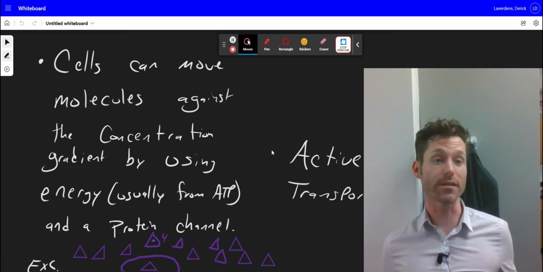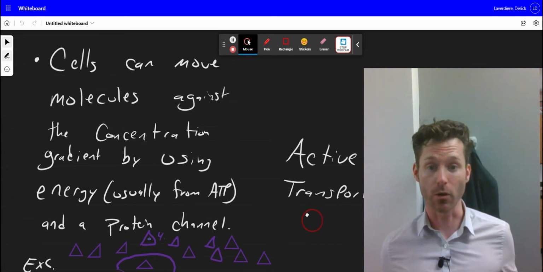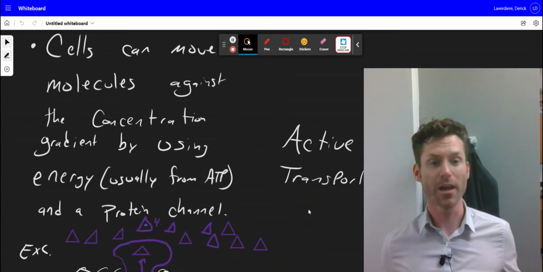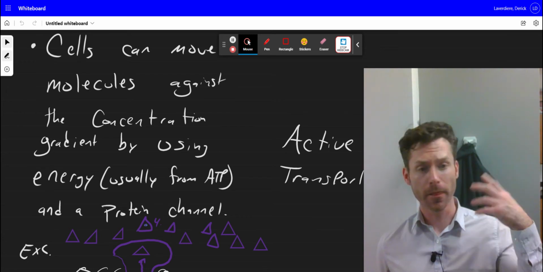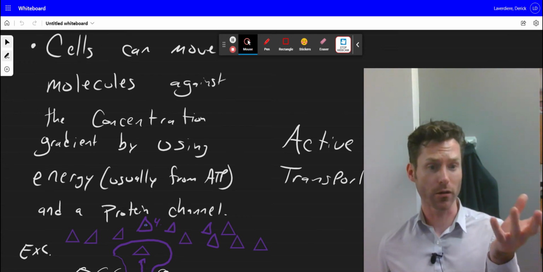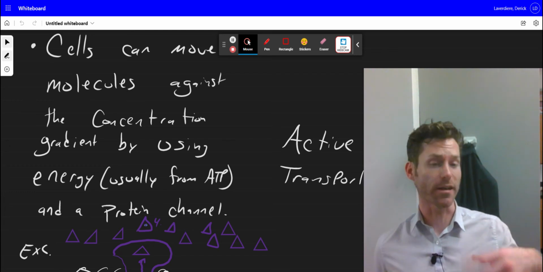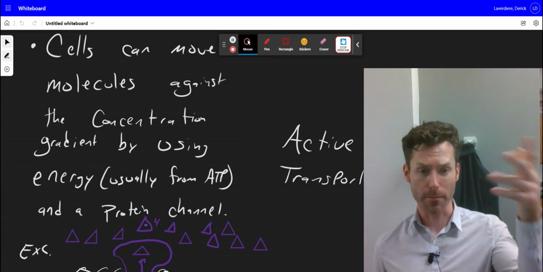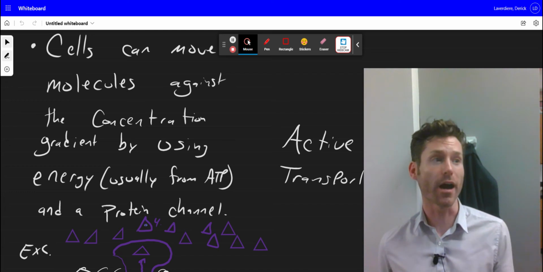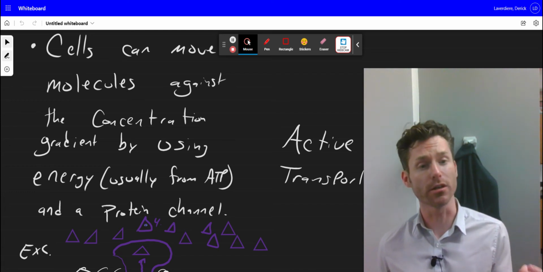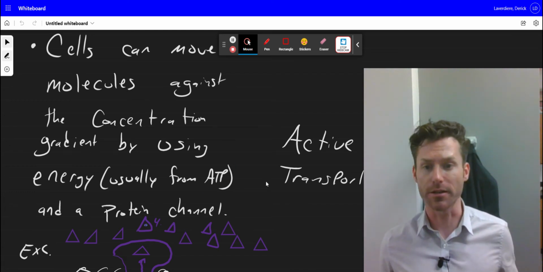However, that cell must exert some energy in order to achieve that goal. That energy is usually going to be coming from ATP, the molecule, right? And so in the model I'm about to show you, I've utilized ATP to demonstrate how this mechanism works. Okay? There are occasions where other sources of energy are used, but more often than not, it's coming from ATP.